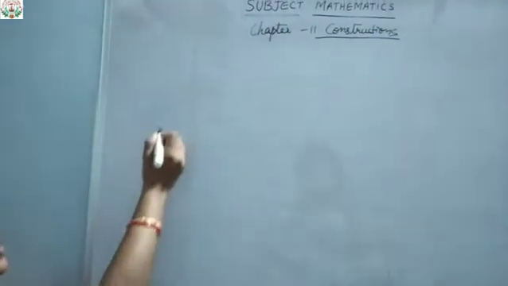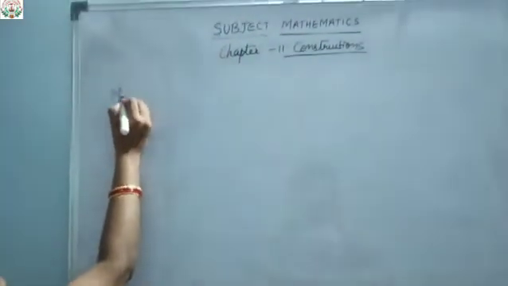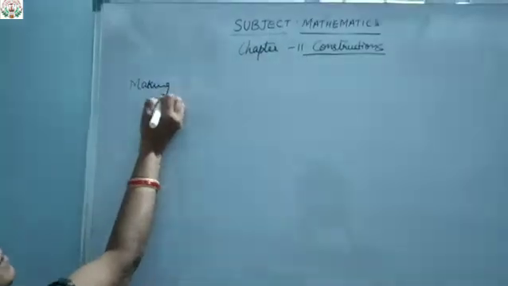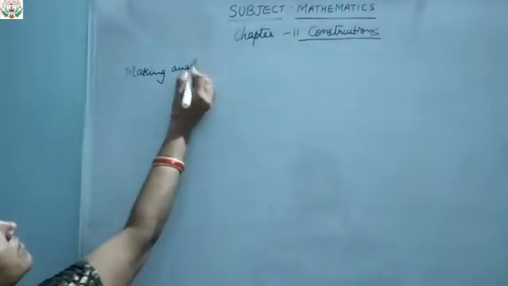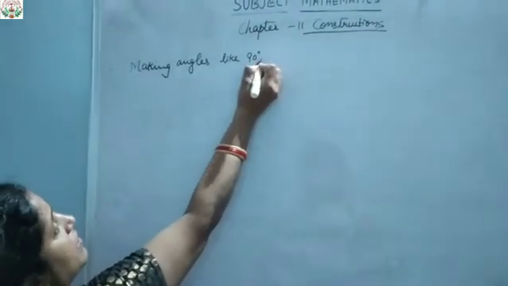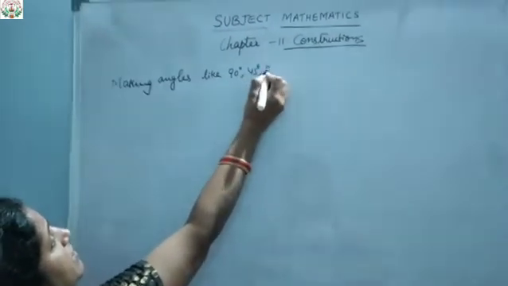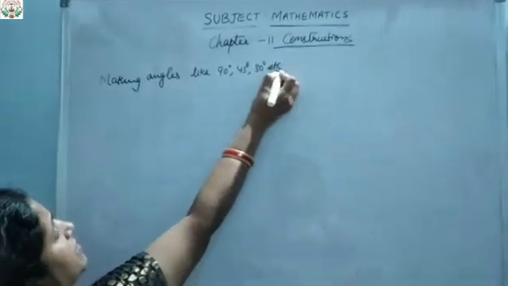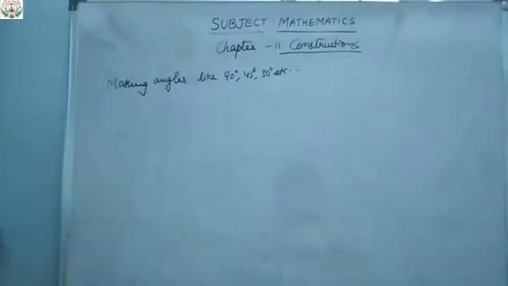Constructions means making angles like 90 degree, 45 degree, 30 degree, likewise, etc. We can make them.